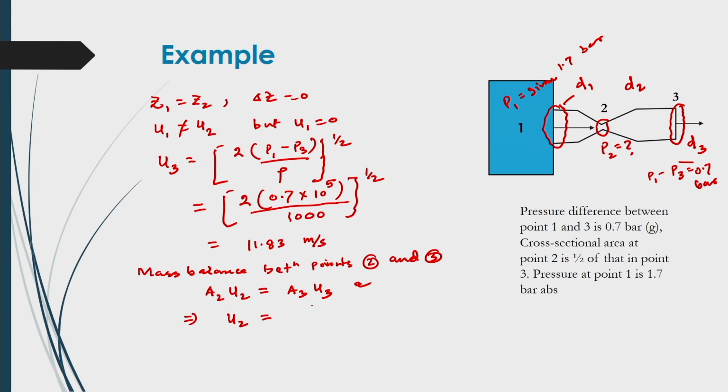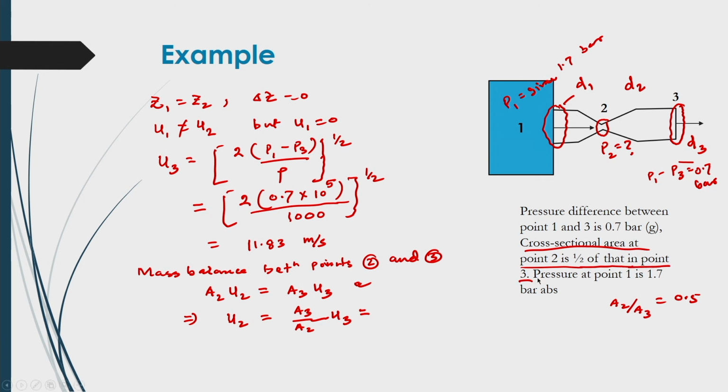From this, U2 will be equal to A3 by A2 into U3. Here A2 by A3 is given as 0.5 according to this problem, because the cross sectional area at point 2 is half of that at point 3.